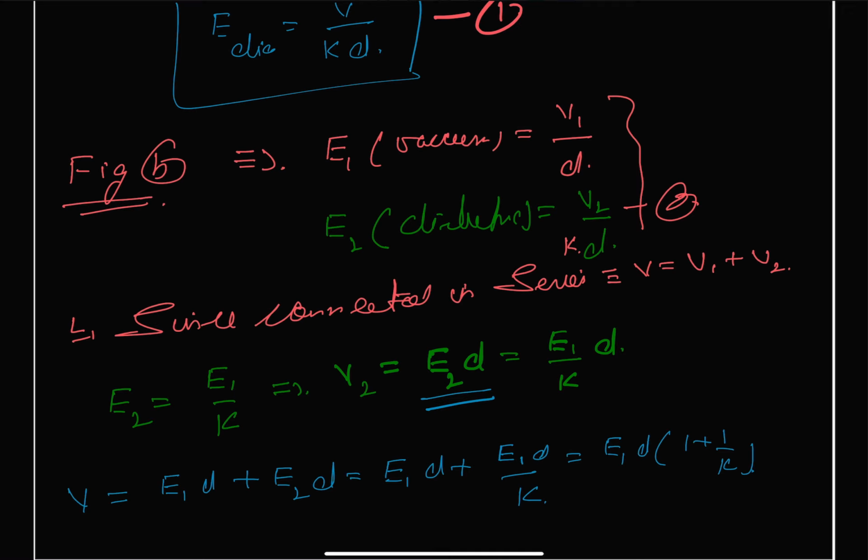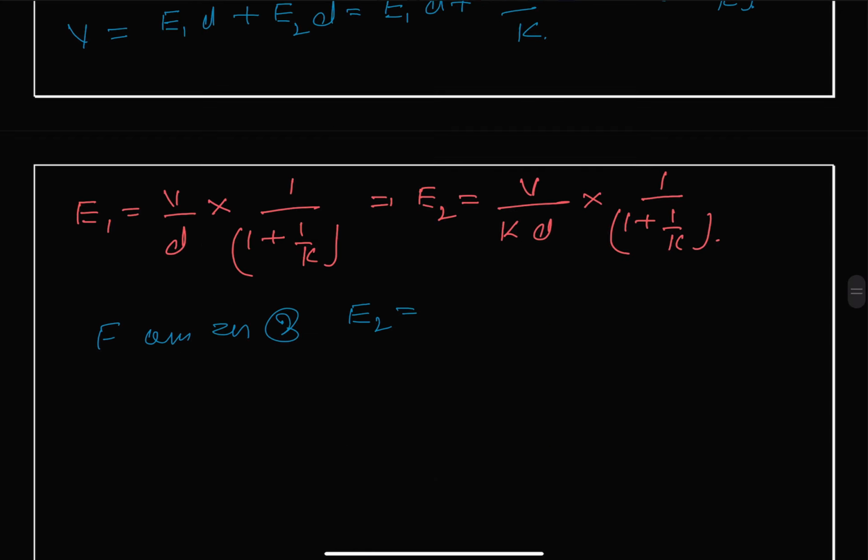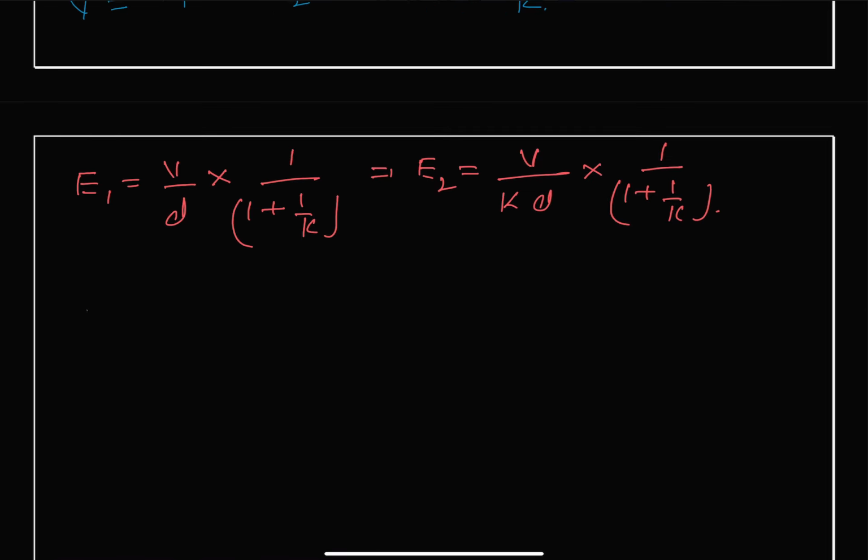My mistake, one second. Let me write it here. So we found out that our E2 is equal to 1 upon K multiplied by 1 upon 1 plus 1 upon K, and this comes as V upon D.